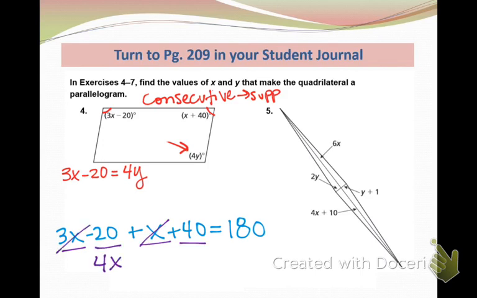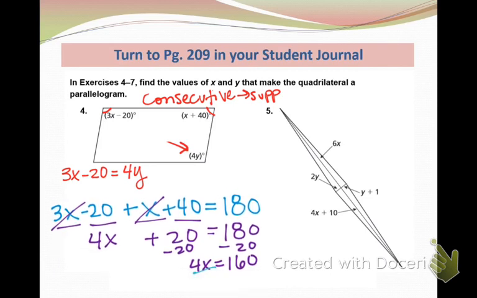Minus 20 plus 40 is plus 20 equals 180. Subtract 20. 4x equals 160. To finish the problem, divide by 4 on both sides. So x equals 40.